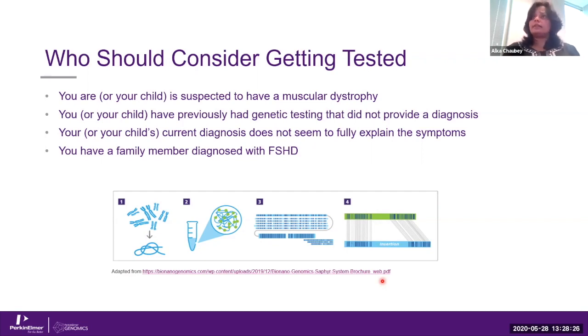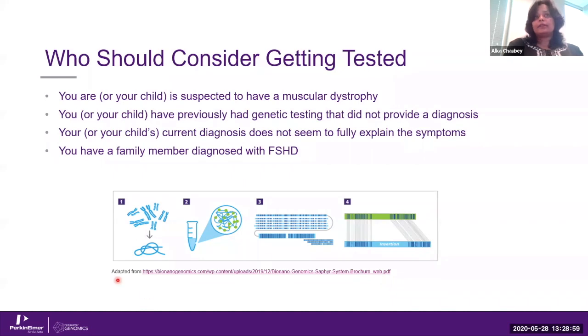So who should consider getting tested? If you are suspected to have a muscular dystrophy, or your child, or if you have had previous genetic testing that had certain limitations that was unable to provide a diagnosis, or if you or your child's current diagnosis does not fully explain the symptoms, or you have a family member that has been diagnosed with FSHD, then all of those individuals can consider getting tested.